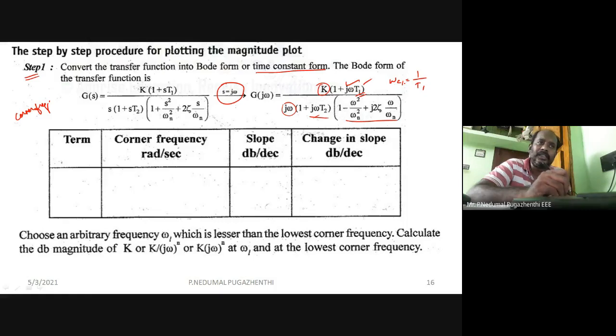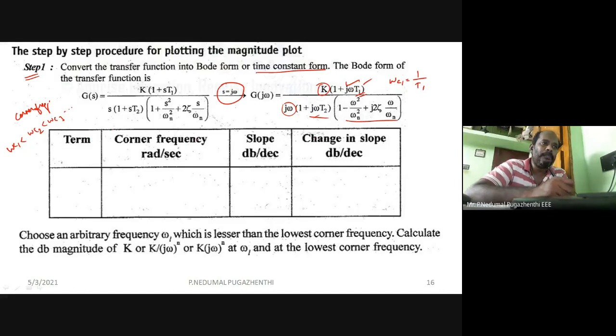Ascending order in the sense omega c1 should be less than omega c2, which should be less than omega c3, and so on depending upon the number of terms. If you have three terms, this has to be the order. The lowest frequency value should be chosen as omega c1, then omega c2, followed by omega c3.